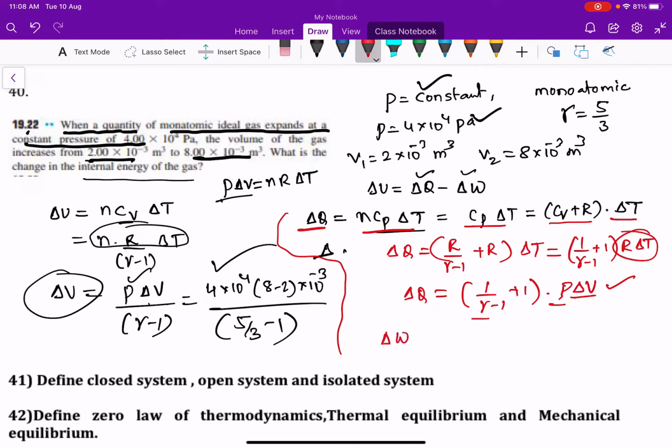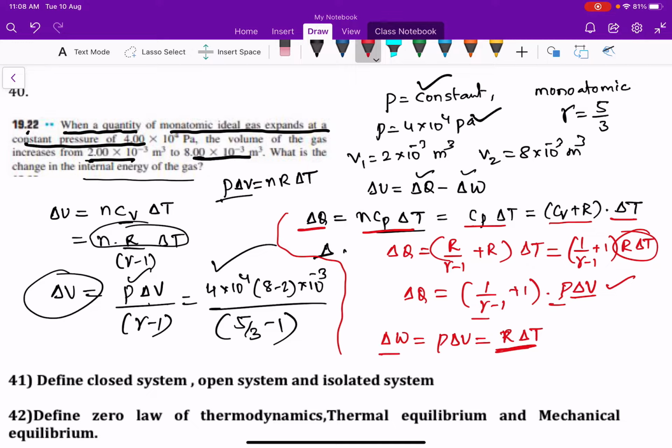Similarly, we can find out the work done. Delta W is nothing but P delta V, which can be replaced with nR delta T. So from here you can find the delta W value.